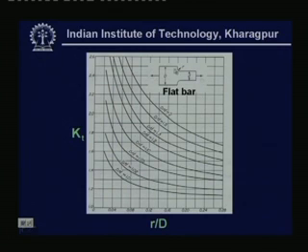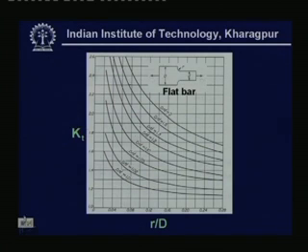Now, this curve, this small amount of curvature, is called the fillet, and this fillet radius is given as r. The arrow mark shows a typical loading condition, and this loading condition is a tensile load.